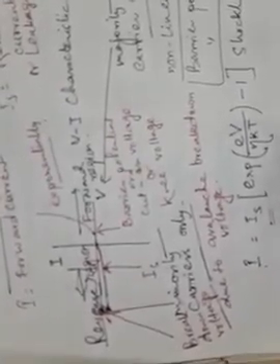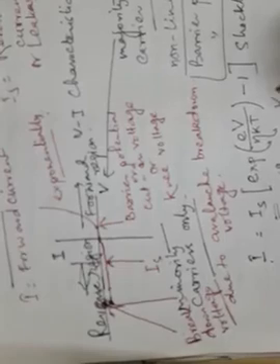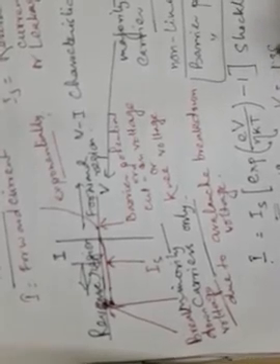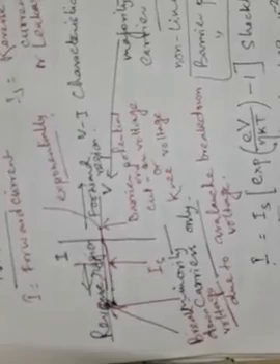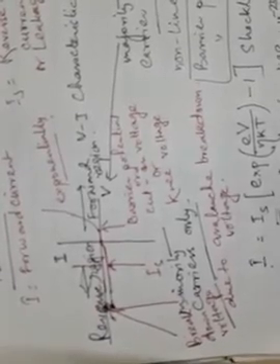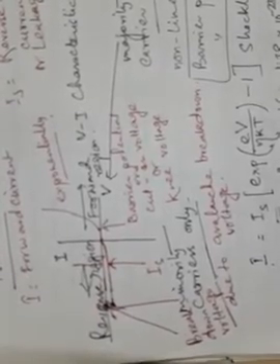It is 1.6 into 10 to the power minus 19 coulomb. This is the charge of an electron, and the value of Boltzmann constant K is 1.38 into 10 to the power minus 23 joules per K, and T is the temperature in Kelvin. So you need to specify all the parameters in the equation.